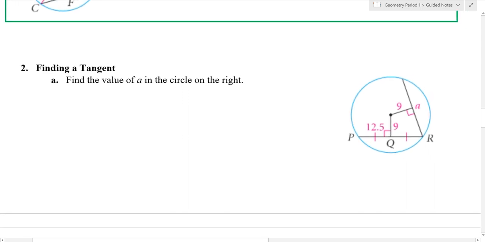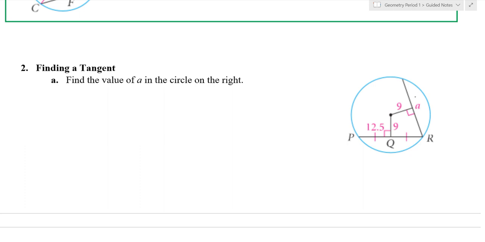It says find the value of A in the circle on the right. So here's our circle here on the right. We are given that PQ is 12.5. We are given some measurements here. Over here we have a 9, a 9 over here. We need to find the value of A. So here's what we know.